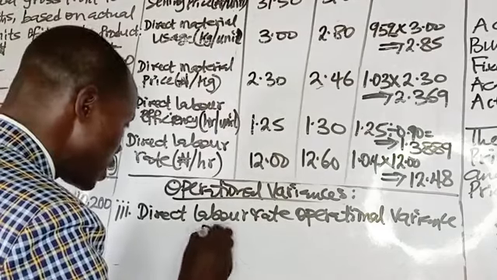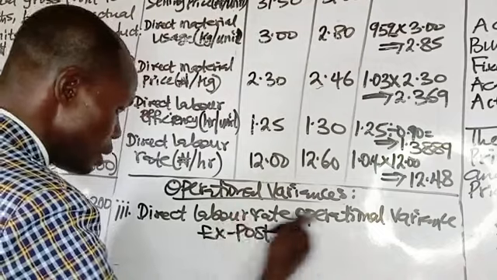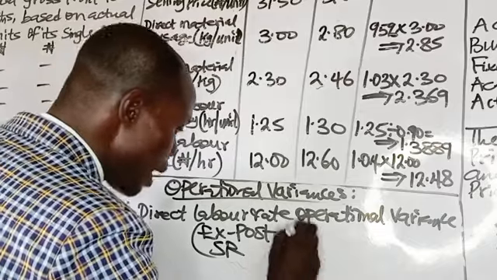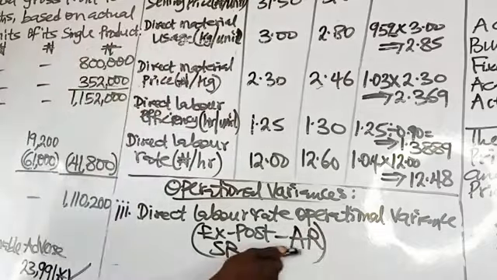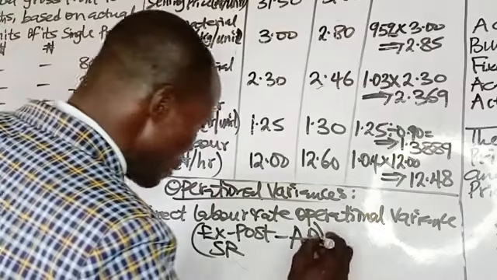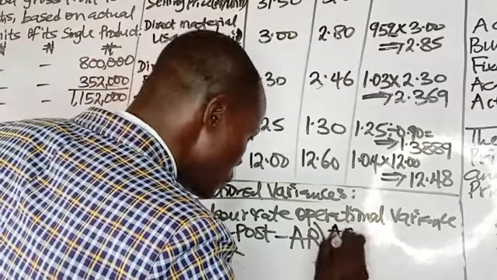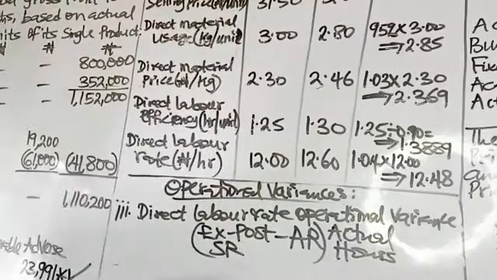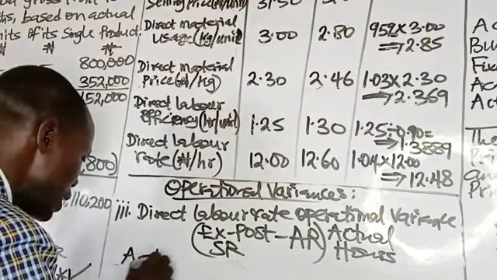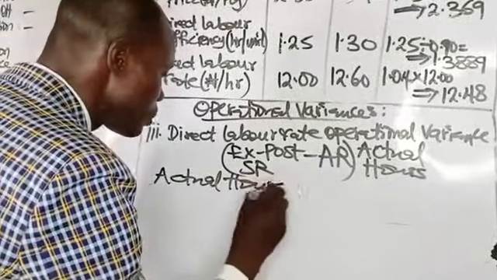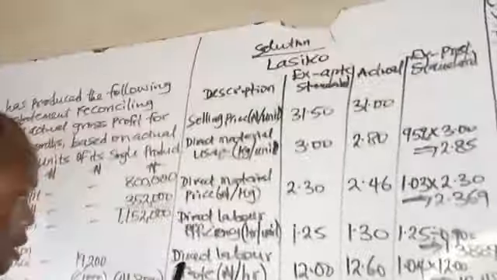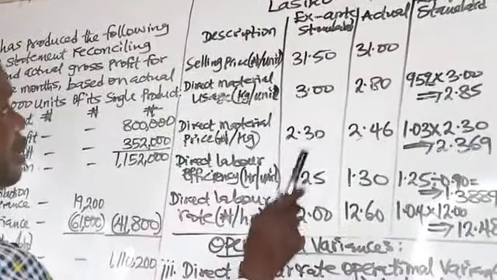Since it is rate variance, we have standard rate minus actual rate, multiplied by actual hours, since the weight should be hours. We have not yet determined our actual hours, so go back to the question, direct labor efficiency. This is S and T.